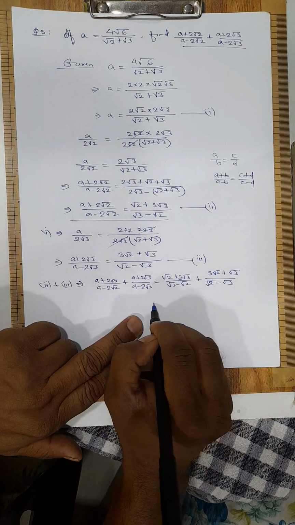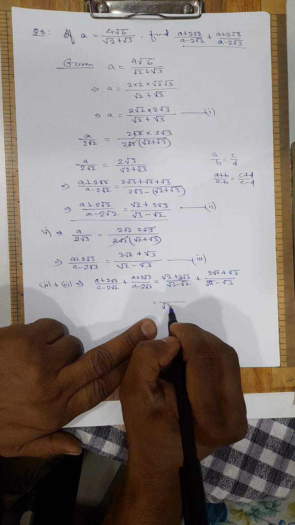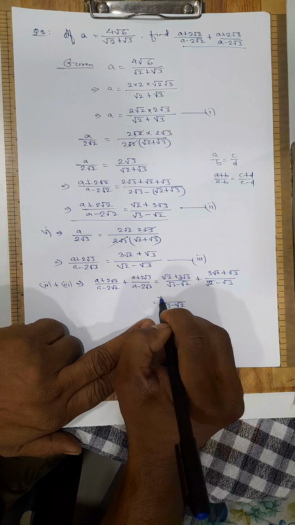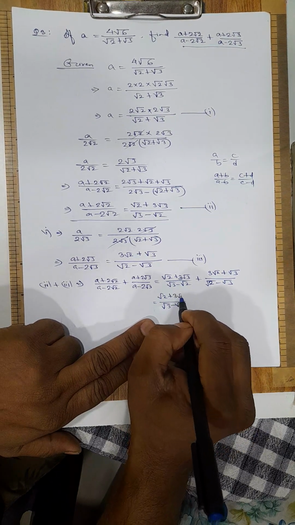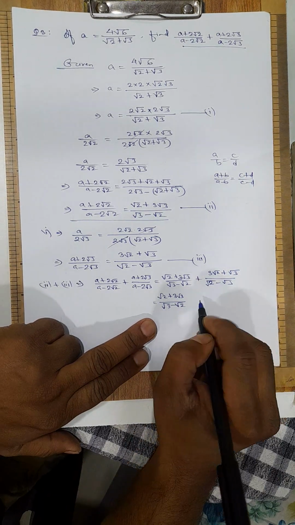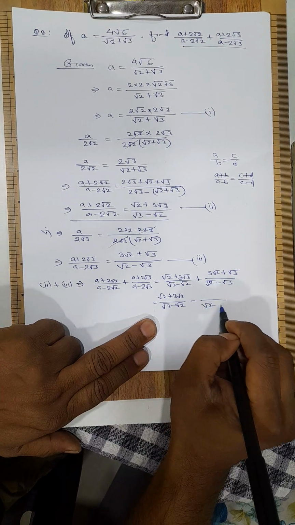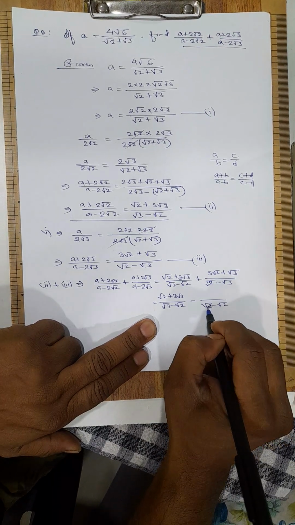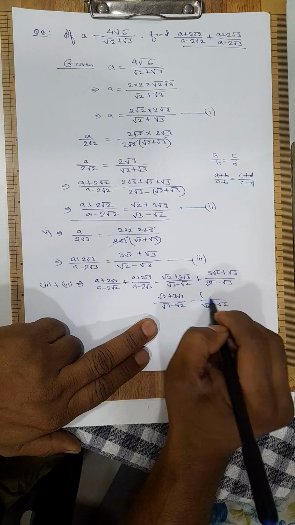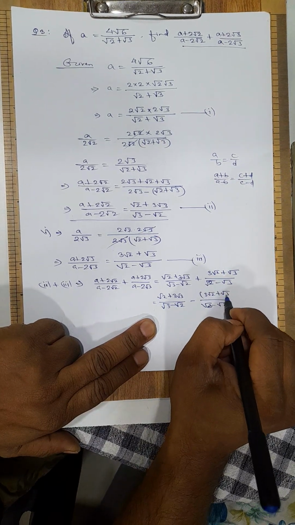Now you can write it like (√3 − √2) in the denominator. If you change this order, this will become negative, right? So √3 − √2, so (3√2 + √3) becomes negative.